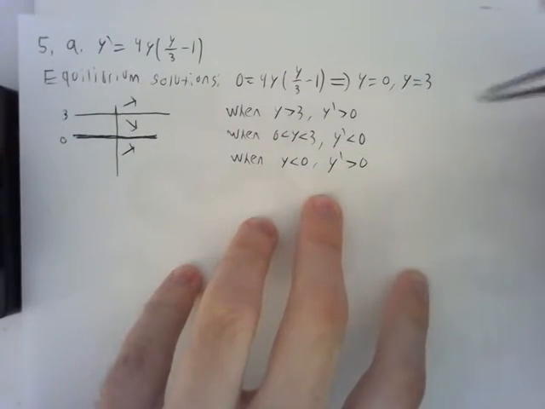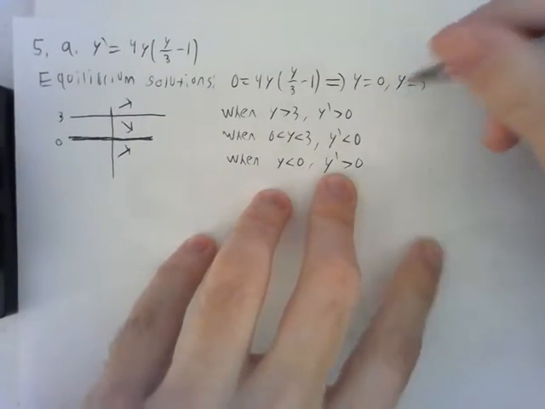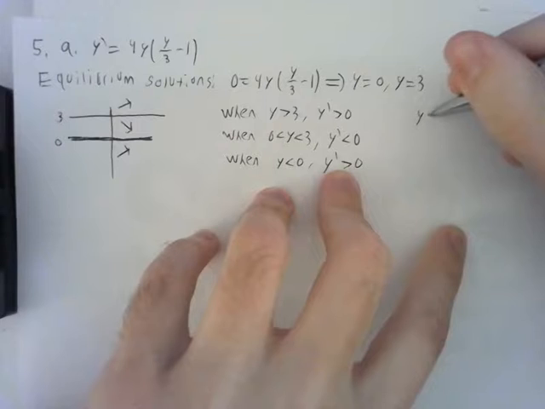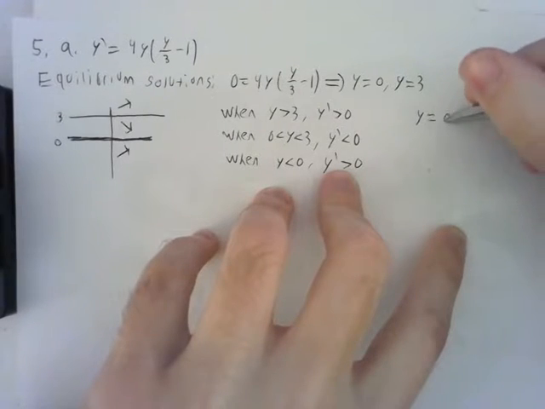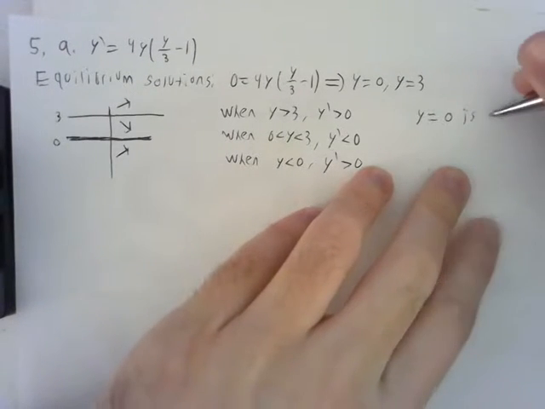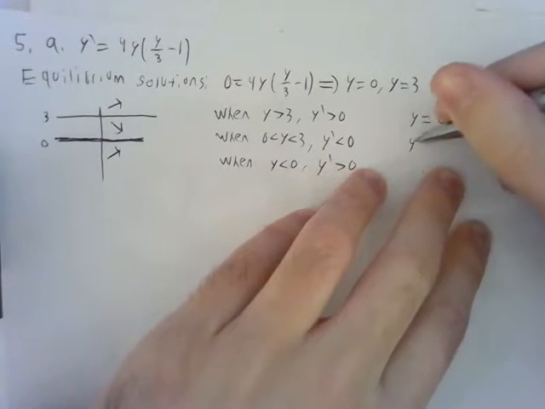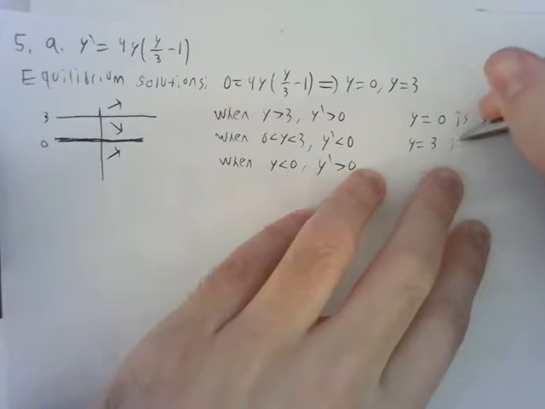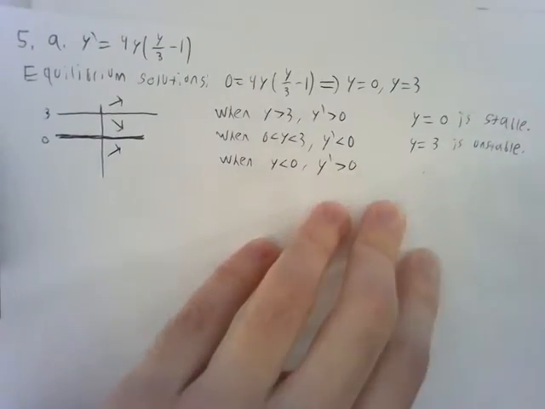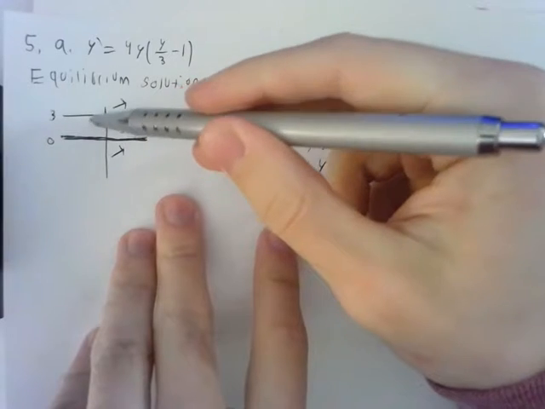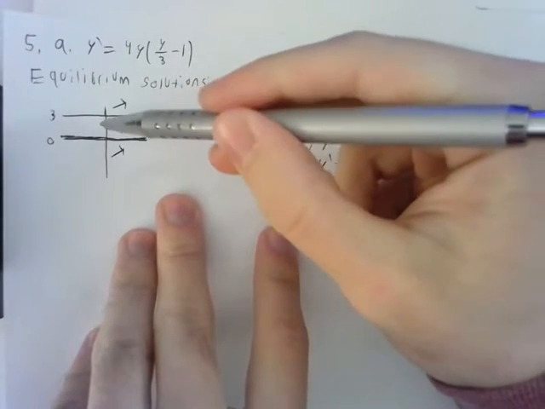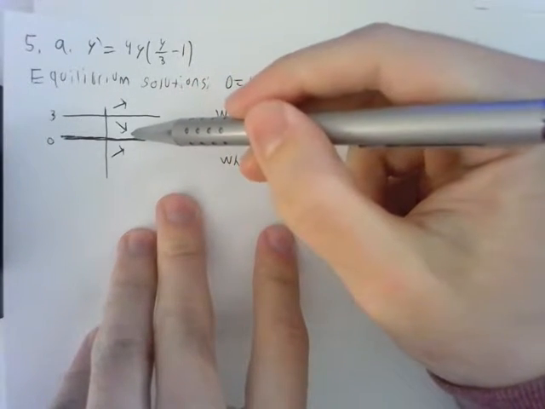So from this we can conclude that y equals 0 is stable, and y equals 3 is unstable. The reason is that from these arrows we can see that a solution which starts in this region here will move away from 3 and towards 0.